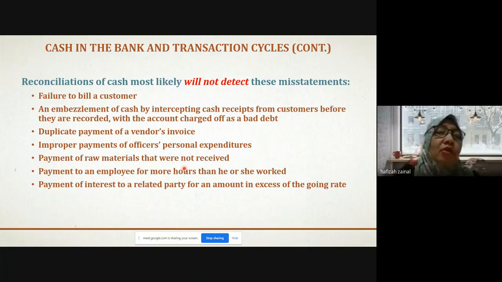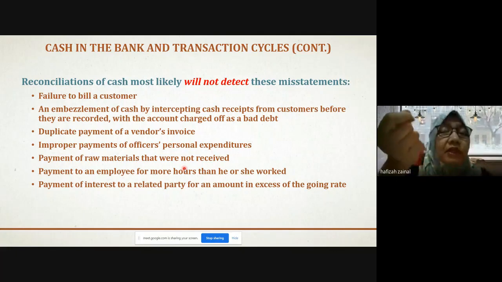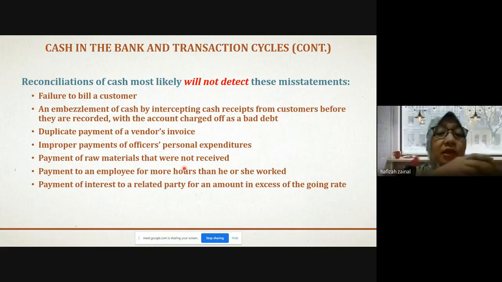This is very common for enterprise companies, where whatever personal expenditure incurred is all charged to the business account. Here you will not be able to detect. And then payment for raw material that was not received. Sometimes you already paid, but the item has not been received. Then payment to an employee for more hours than he or she worked.